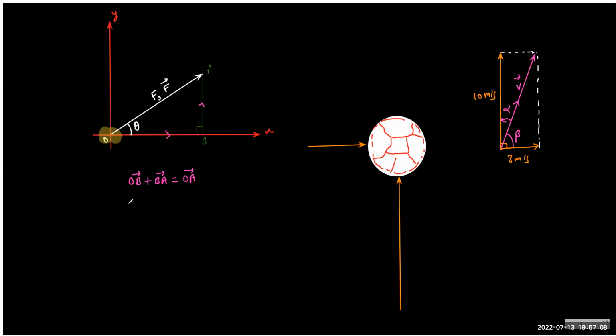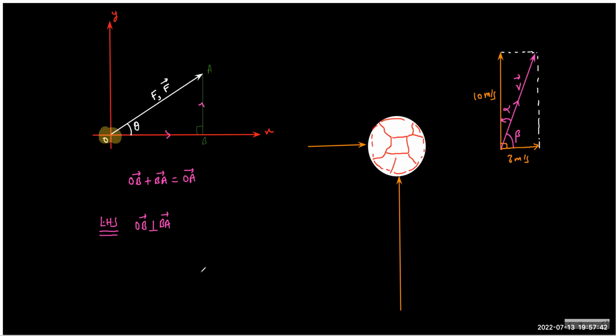But if you look at the left side very carefully, OB and BA are very unique. Why are they unique? Because they are mutually perpendicular. See, that is the idea. So why is this so important?